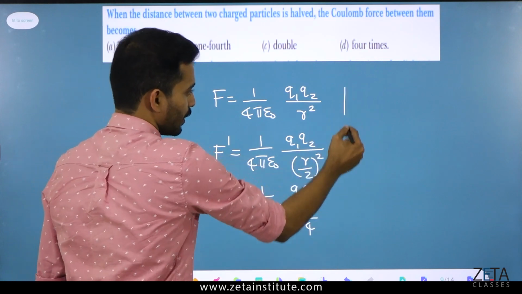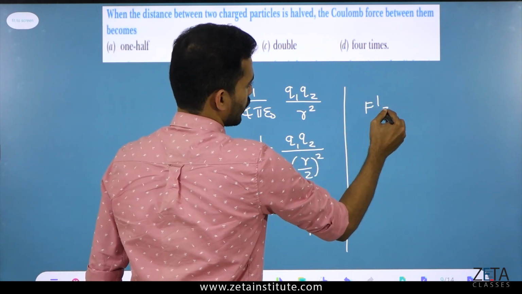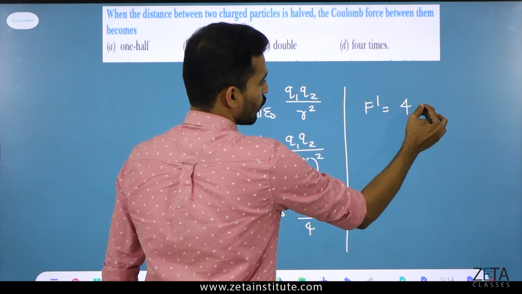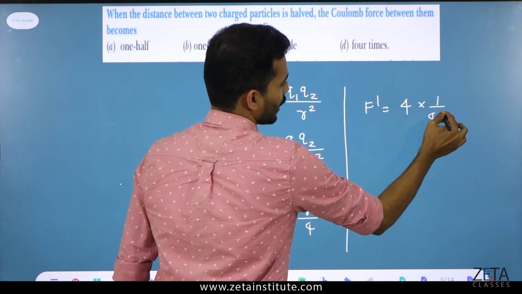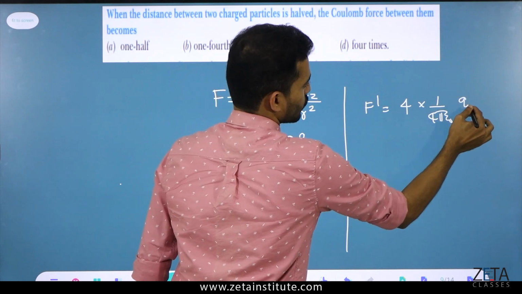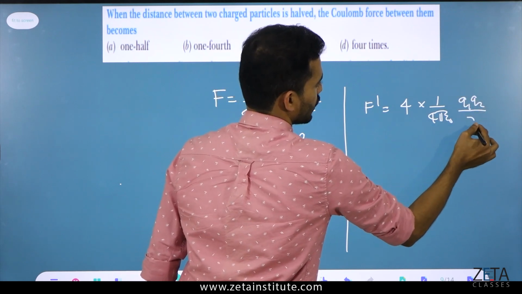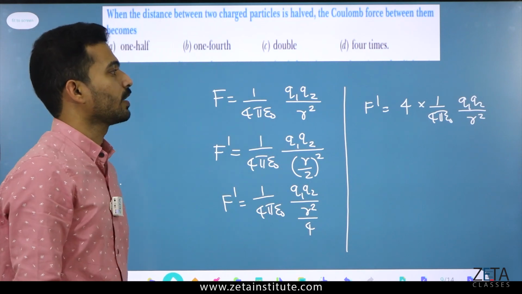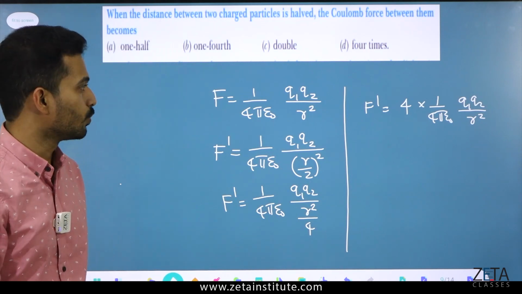So F dash is equal to 4 into 1 by 4 pi epsilon 0 Q1 Q2 by r square.